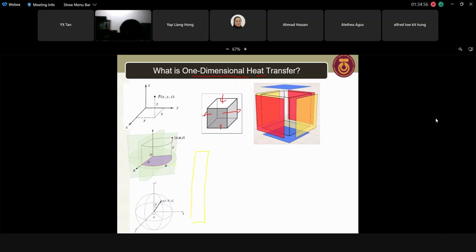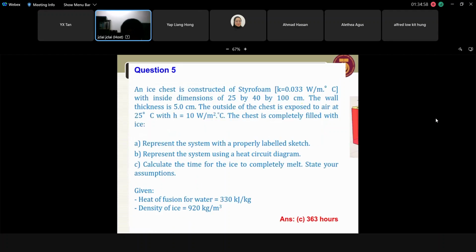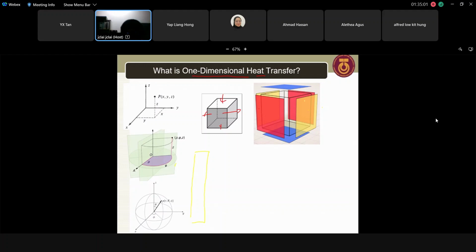If you refer to the yellow surface, when we draw the cross-sectional area, it looks like this. This is inside, this is outside, T out. So heat is being transferred from inside to outside.